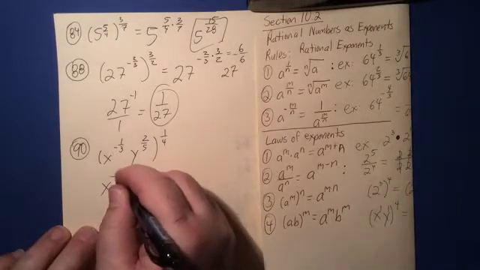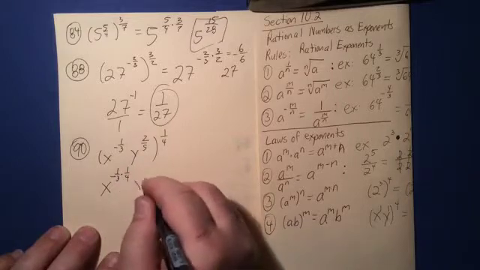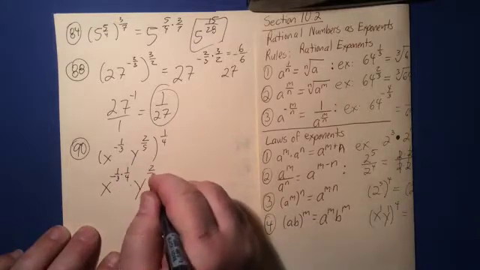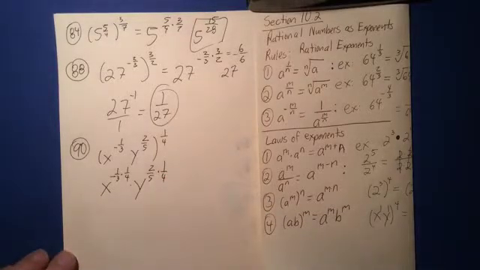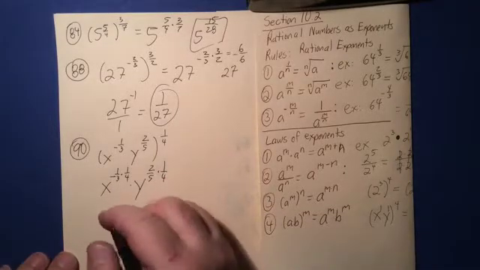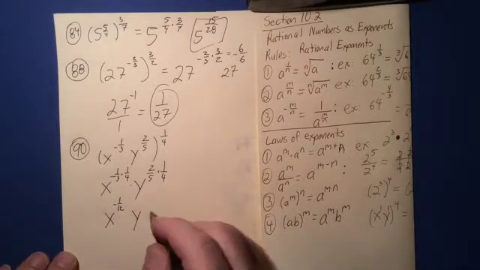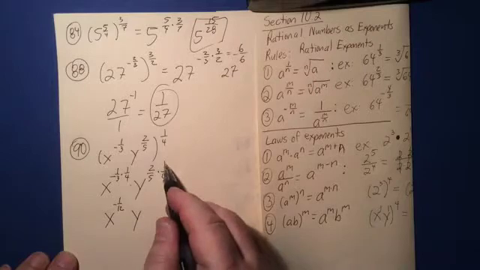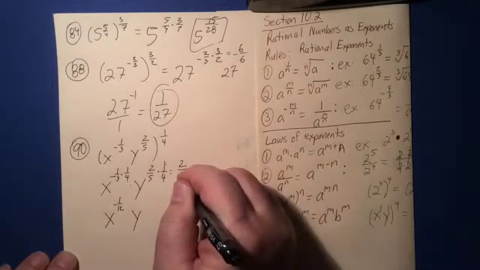So this is going to be x to the -1/3 times 1/4 times the quantity of y raised to the 2/5 times 1/4. After that, this is going to give me x to the -1/12 times y, and let's see, 2 times 1 is 2, 5 times 4 is 20.